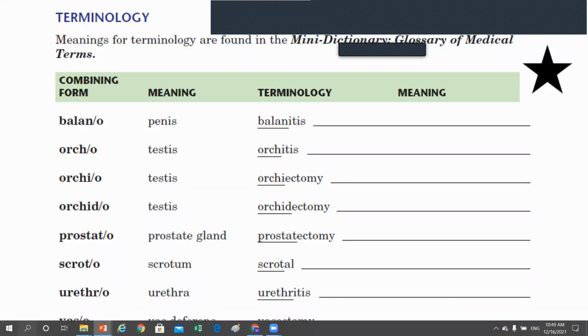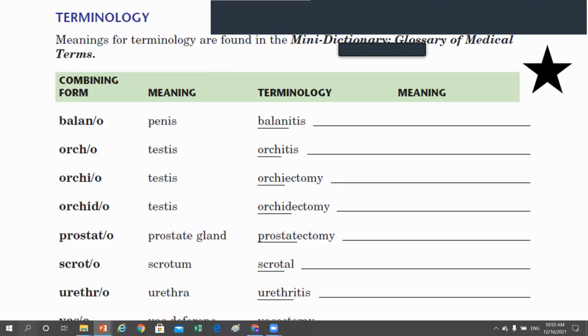So we have to remove this organ by surgery. We can have prostatectomy for the enlargement, benign prostatic hypertrophy, BPH. Or, God forbid, if the person has cancer, then we have to remove this gland, prostatectomy.